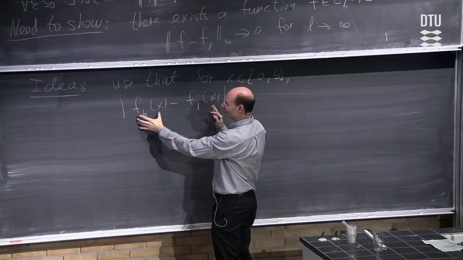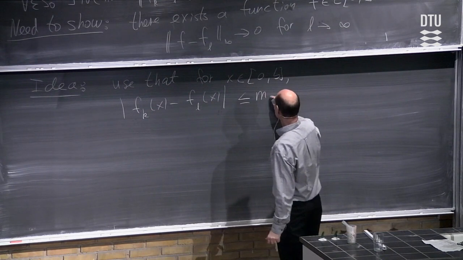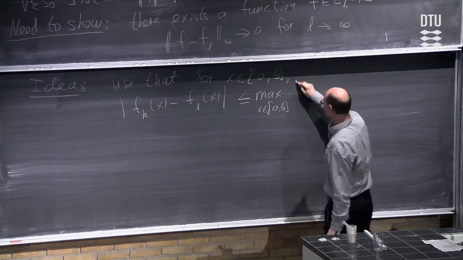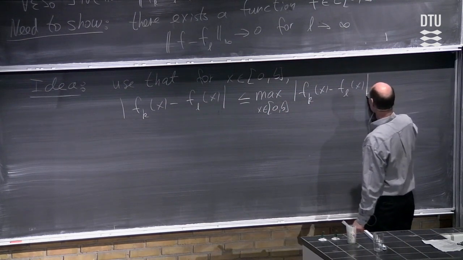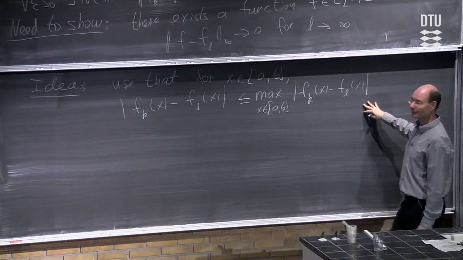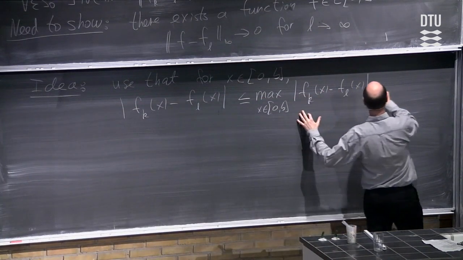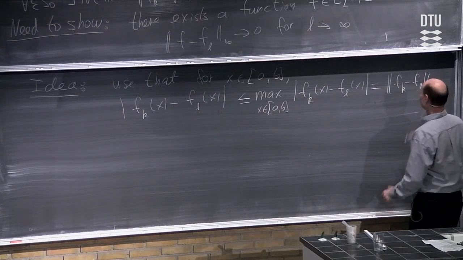So if you look at a particular value of this function, this is smaller than or equal to the max over all x in [a,b] of exactly the same thing. And this is exactly our definition of our norm, as you see here on our slide, the way we have defined the norm on our space. So this is exactly the norm of fk minus fl, infinity.